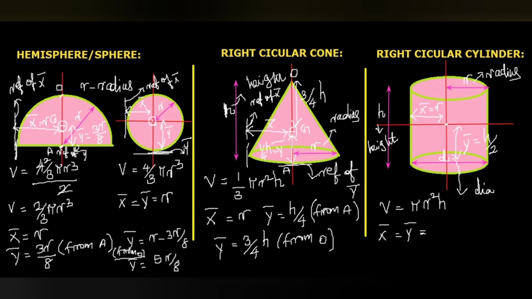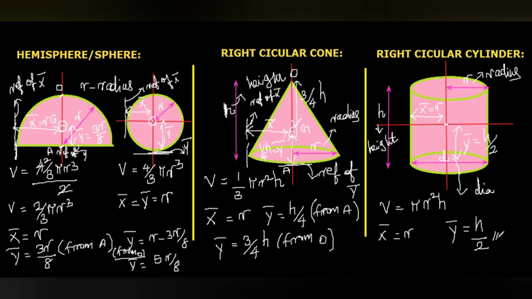Okay. So x bar will be radius. For this case, x bar is radius, and y bar, the vertical distance, is h divided by 2. Okay.